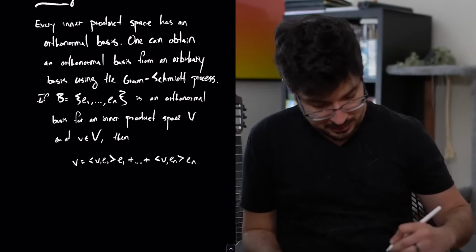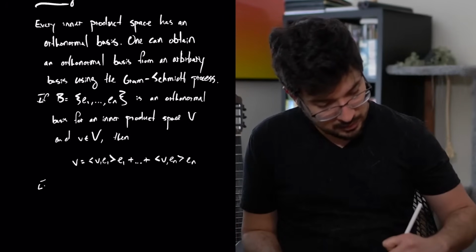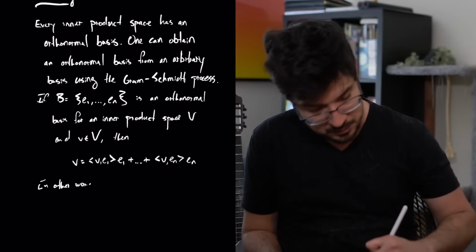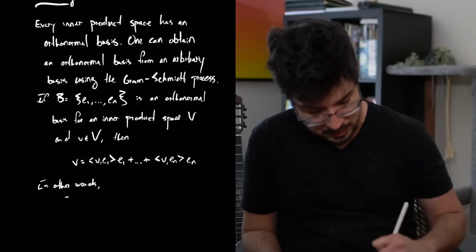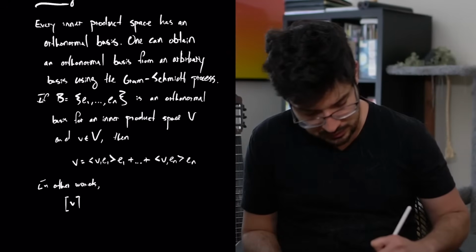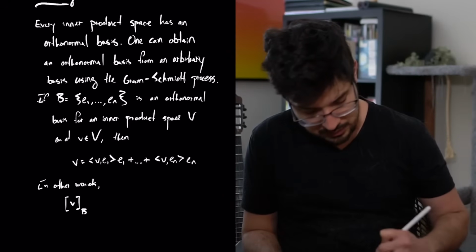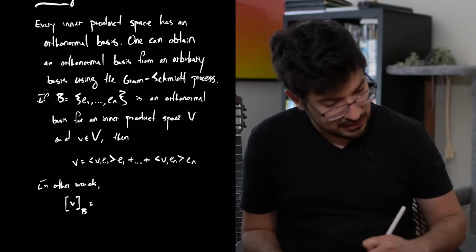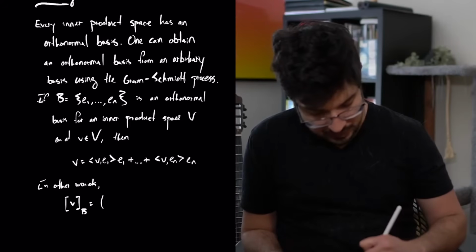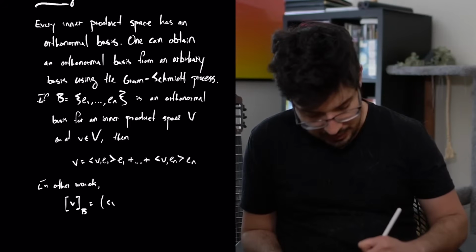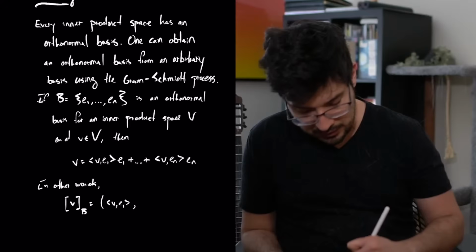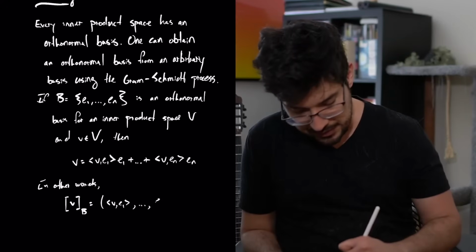So now he says, in other words, the coordinate vector of the vector V relative to that basis is the inner product of the vector with every basis vector.